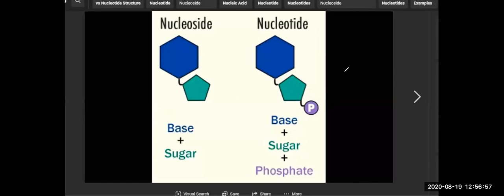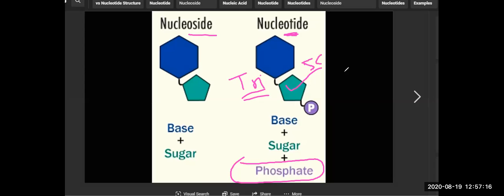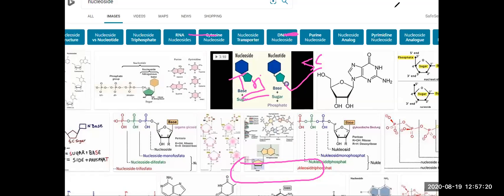You have a phosphate group in a nucleotide and you do not have a phosphate group in a nucleoside. Remember T stands for tri, so that you remember we have 3 structures. And this sugar molecule is 5 carbon, not 6 carbon. So let's go back to our book.